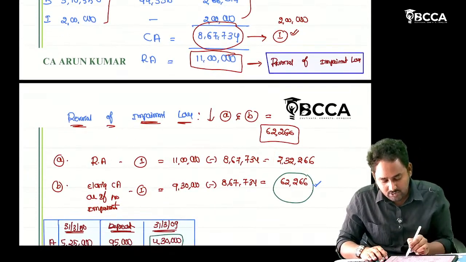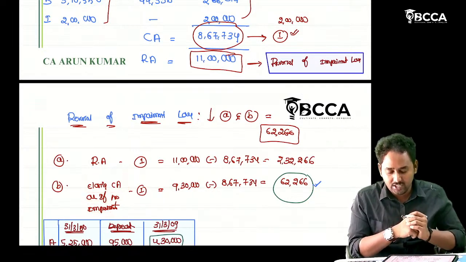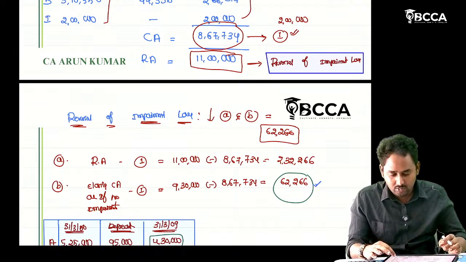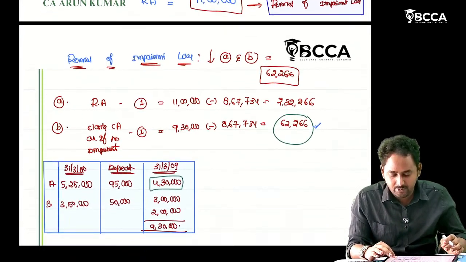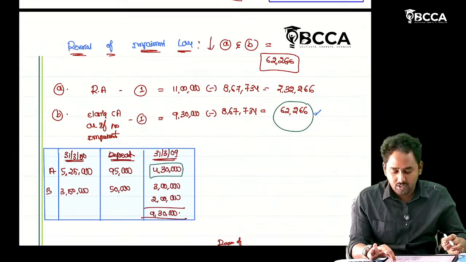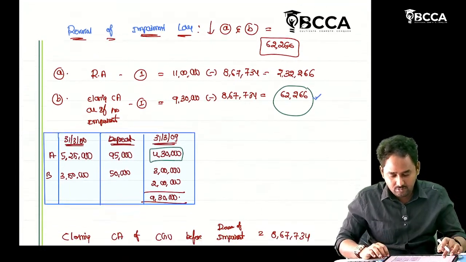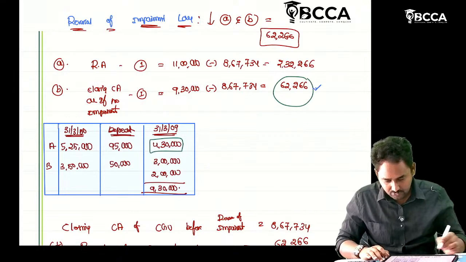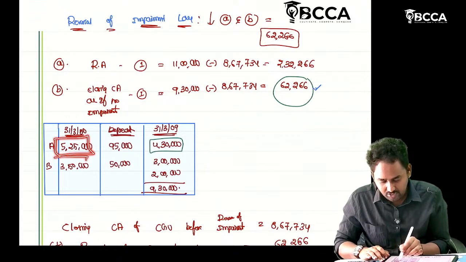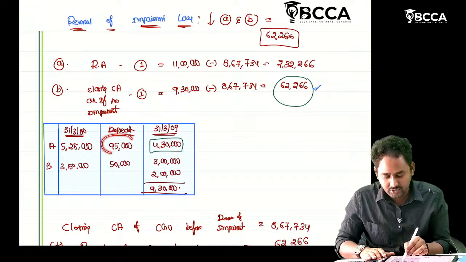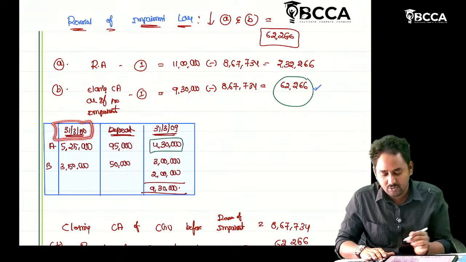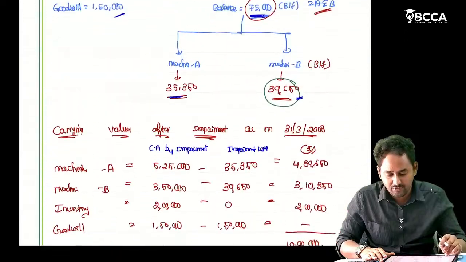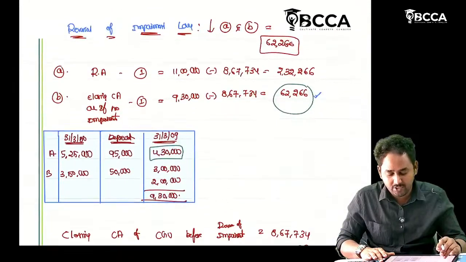Then B is the closing carrying amount as if no impairment. So I need to find out the closing carrying amount of machinery A and B as if there was no impairment. So 5,25,000 and 3,50,000 minus depreciation 95,000 and 50,000. So these are the 31st March 2008 values, 525 and 350. So I just provided the depreciation.